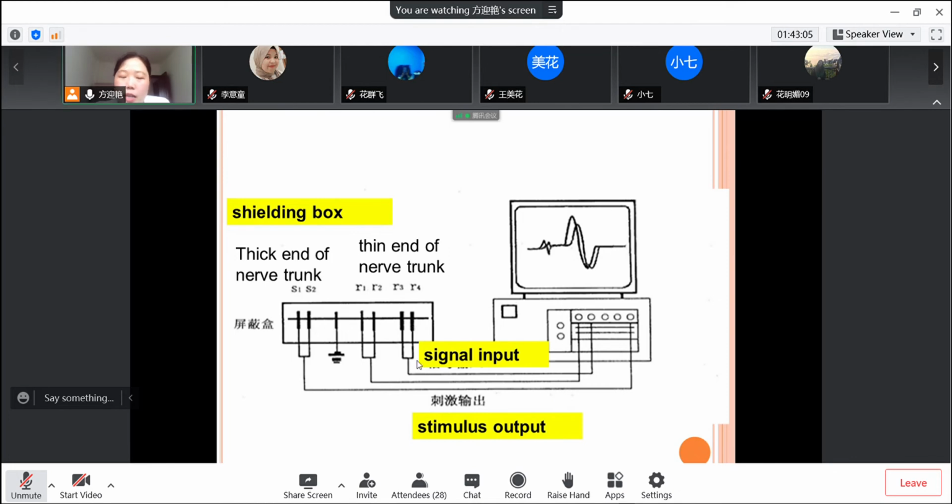The second channel also reaches, so the two channels can record the action potential. This action potential is recorded in channel 1 after one stimulation, one action potential.